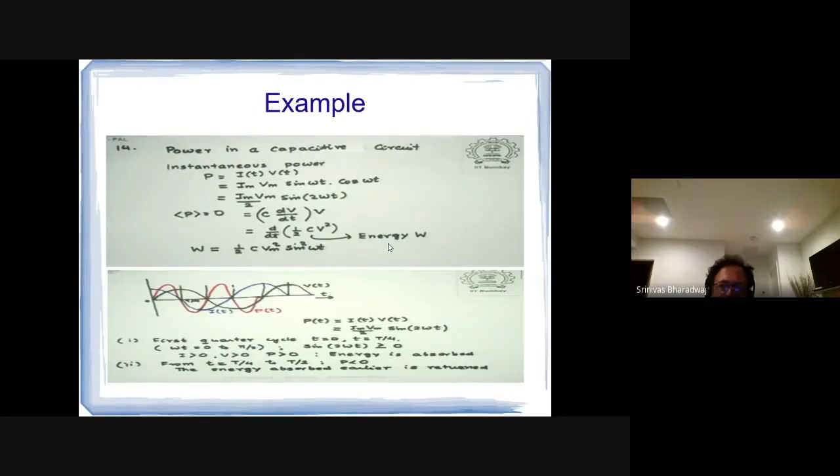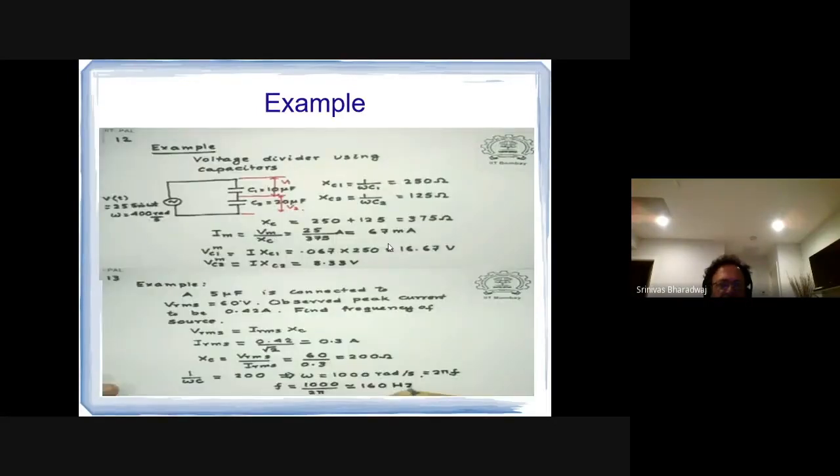Now power, as I discussed. Here he's having two capacitors in series. So if you have two capacitors in series, you have 1 by omega C1 plus 1 by omega C2. So now what is the corresponding XC?